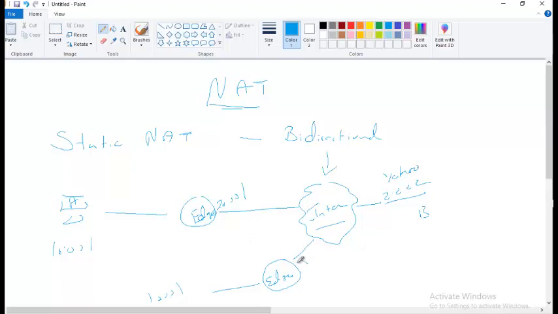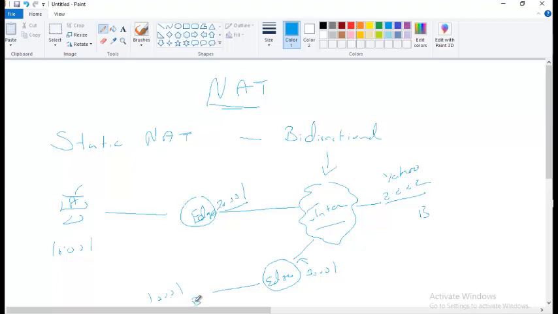And let's say here you got 30. So internet knows only about 20, 30, 2. Internet knows only about these networks. So whenever A talks to the internet, it needs to take this address which internet knows to respond.